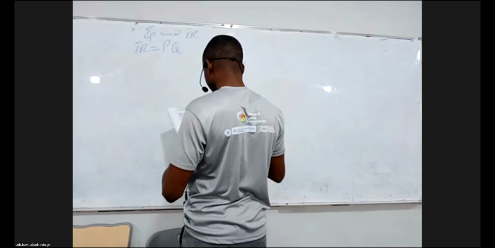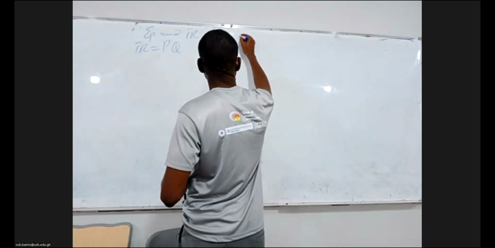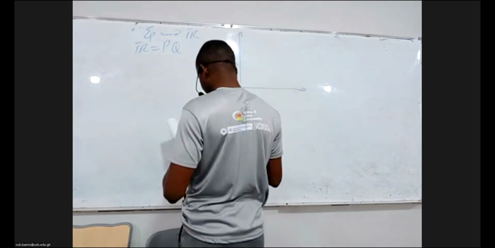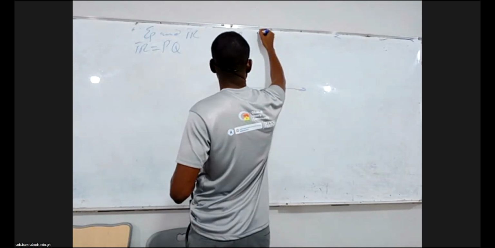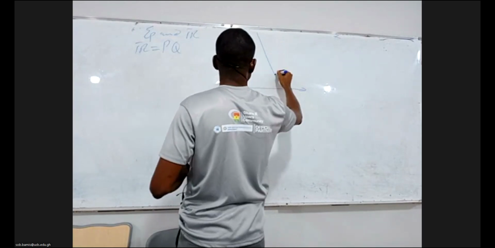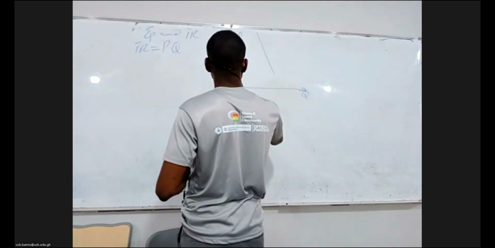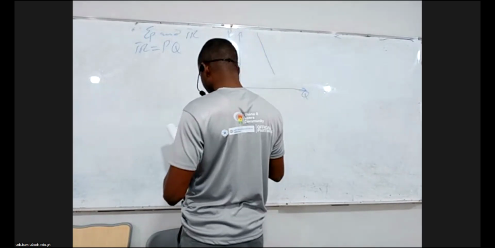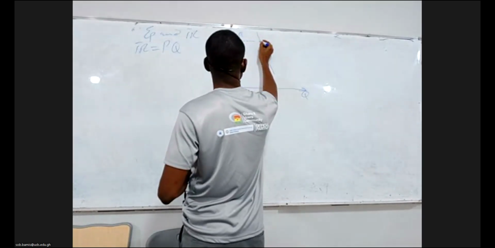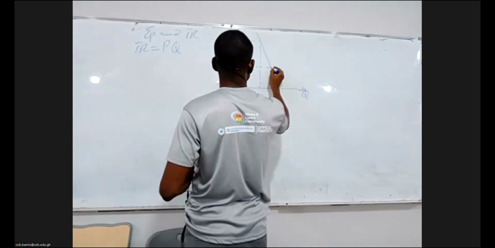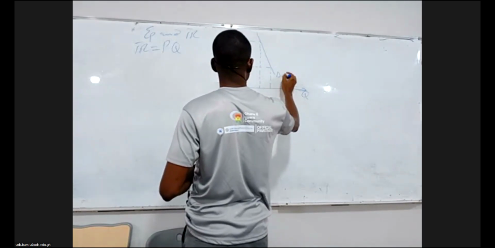So let's start. So this is our price axis, our quantity axis. This is our demand curve.